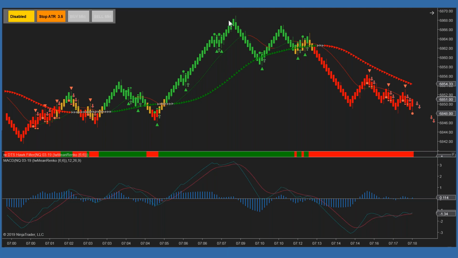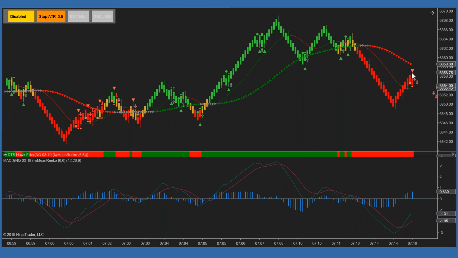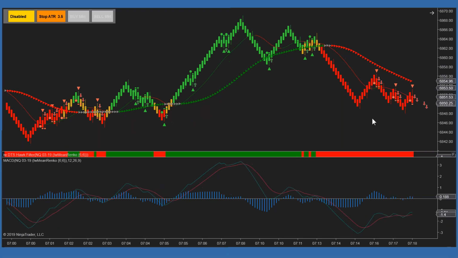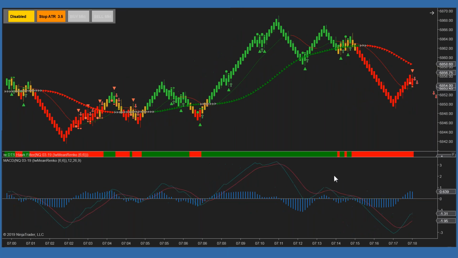No problem on that one. This one, here's a first micro-macro cross to sell, but the MACD is bullish. The signal worked out. The MACD, however, wasn't in line with that.